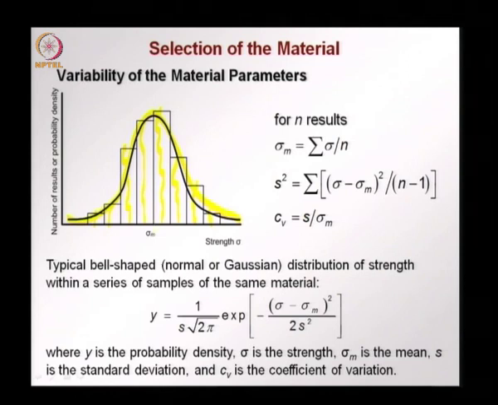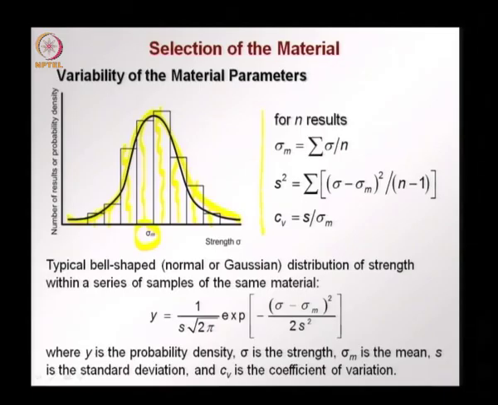The middle of this Gaussian distribution is the mean value, and we can get other parameters which are given here. Say for n results, we have the mean value given by the sum of all the values divided by n, n being the number of tests, s is the standard deviation, and Cv is the coefficient of variation.